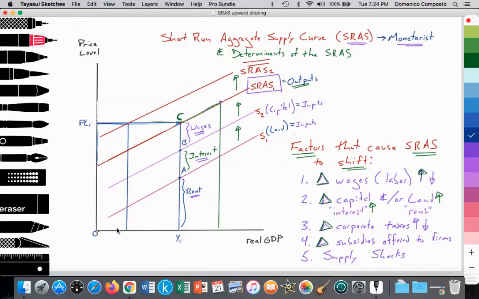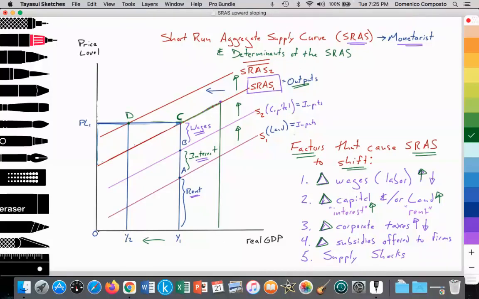So we see that the rise in the cost of production reduces the supply. It shifts inwards, SRAS1 to SRAS2, and the firm, instead of producing at point C, will now produce at point D, reducing the quantity, or reducing the aggregate supply of final goods and services from Y1 to Y2 because of those additional costs of production.